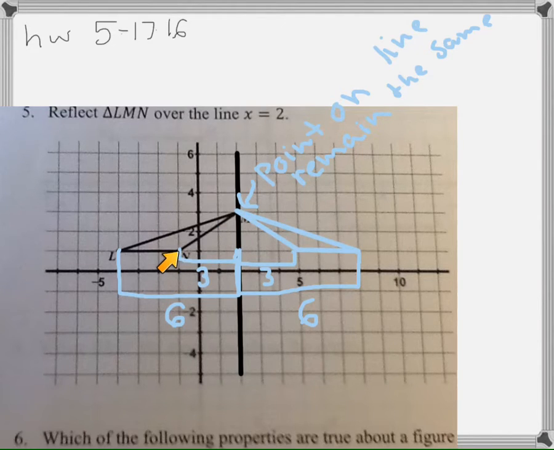N here is 3 units to the left of x equals 2. So the after image of N, or N prime, would be 3 units to the right of x equals 2. L is 6 units to the left of x equals 2. So the after image, or L prime, would be 6 units to the right.